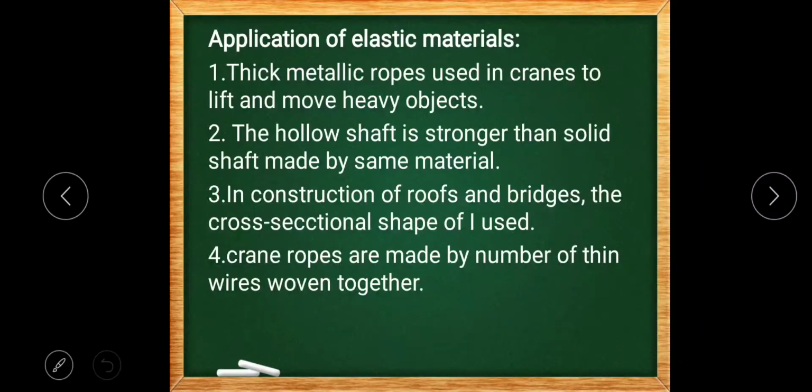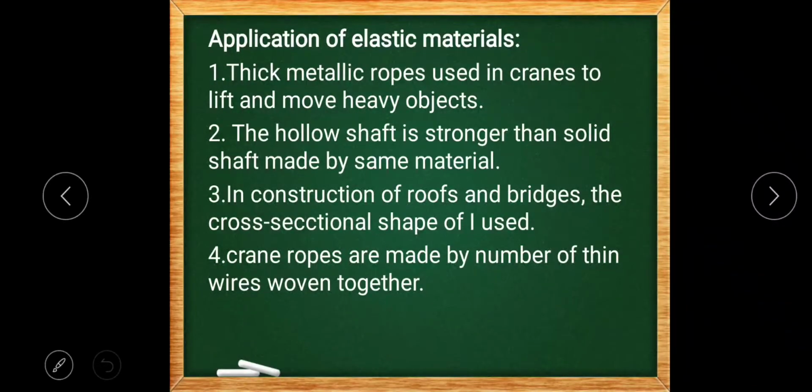Next, the last concept is the application of elastic material. The first one is thick metallic ropes used in cranes to lift and move heavy objects. Here the thickness of the metallic ropes is decided on the basis of the elastic limit of the material.